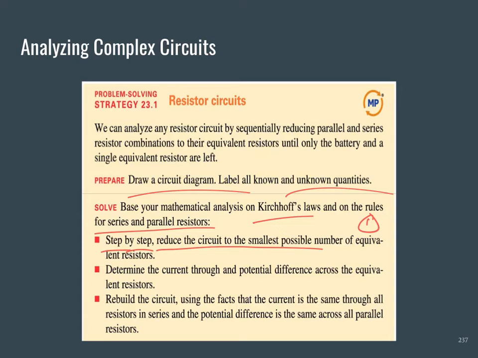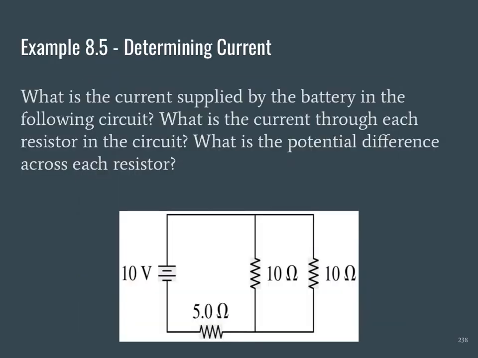So we're going to make it easier and easier, and then we're going to work our way backwards by determining the current and the potential difference across the equivalent resistors, and then rebuild the circuit using Kirchhoff's loop law, Kirchhoff's junction law, and the concept of current to analyze our circuit backwards. Kind of confusing, but we'll do an example. Hopefully that'll help you out.